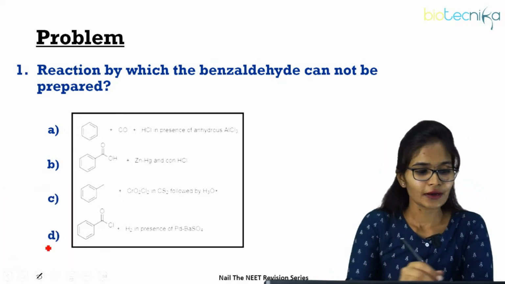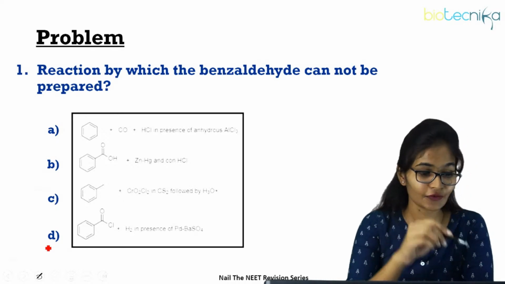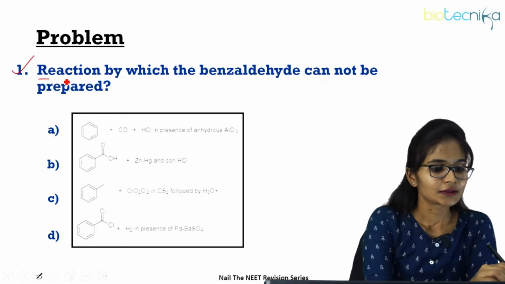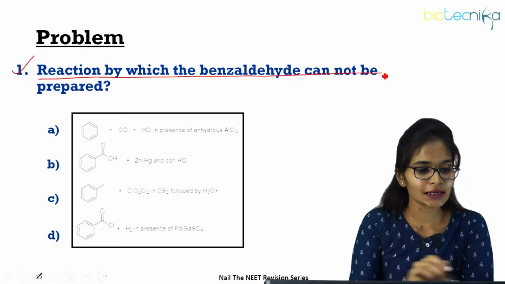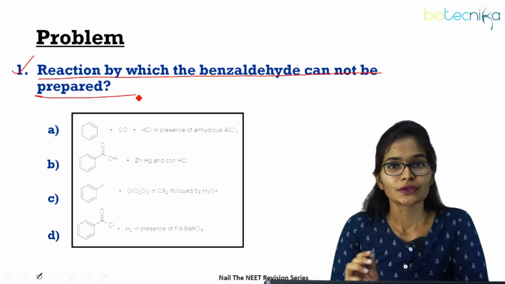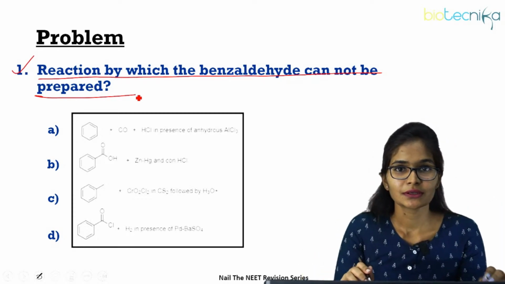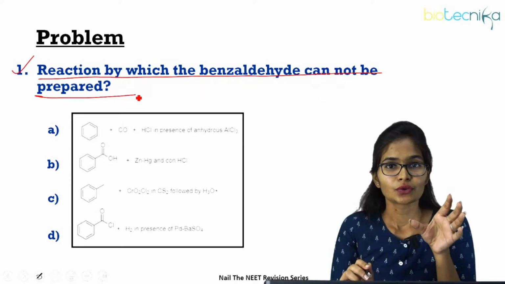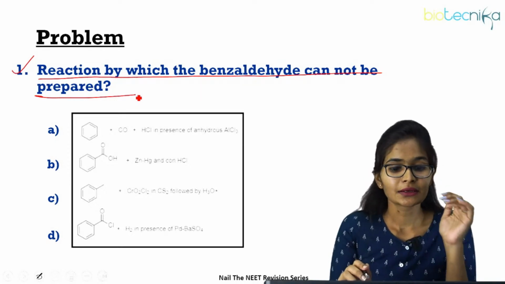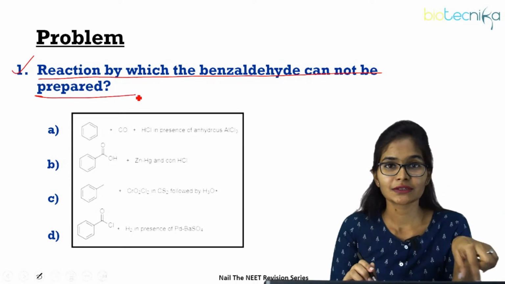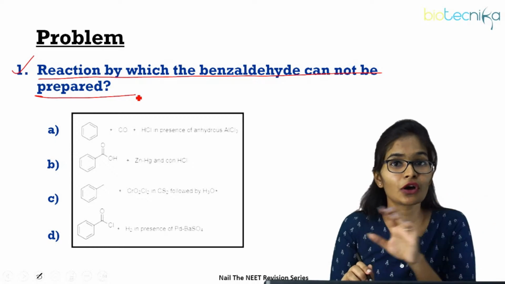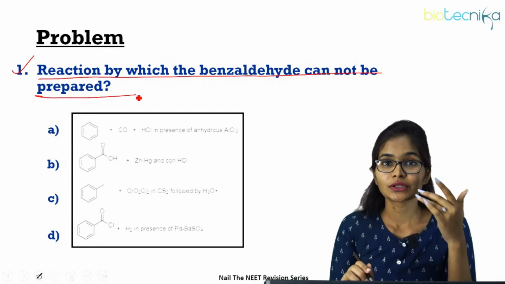The first question is: the reaction by which benzaldehyde cannot be prepared. They are asking which reaction among the given options will not give benzaldehyde.